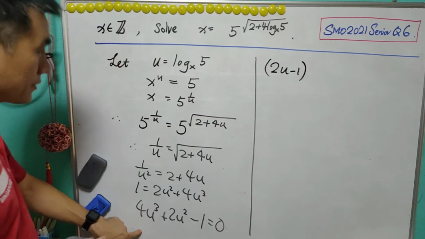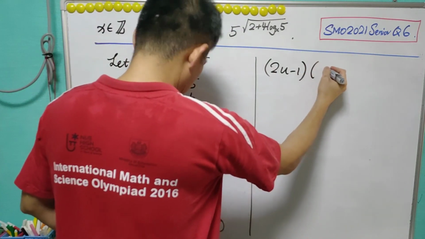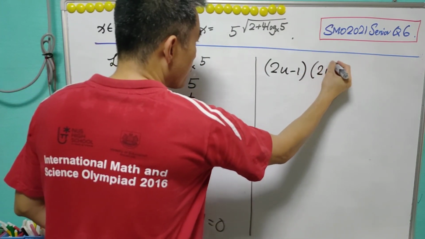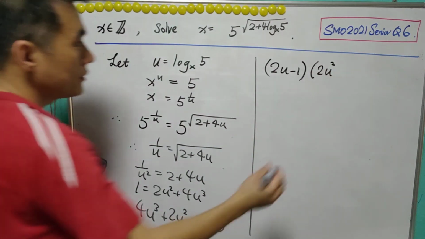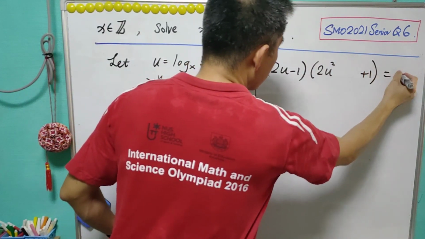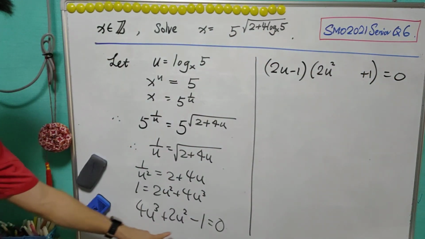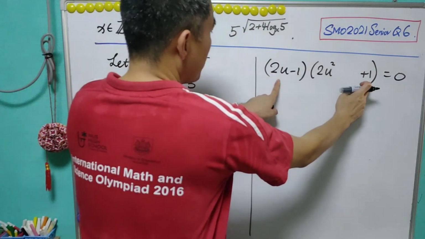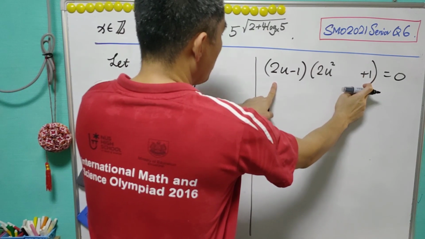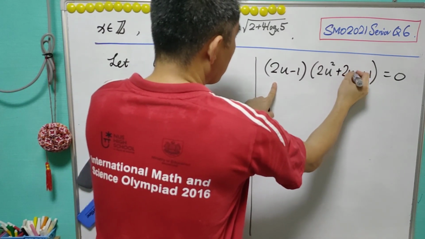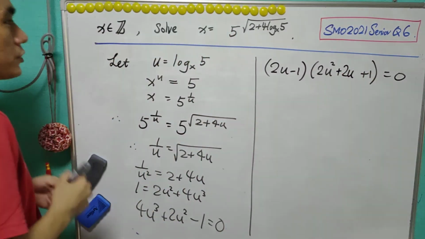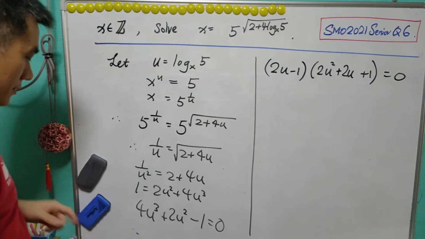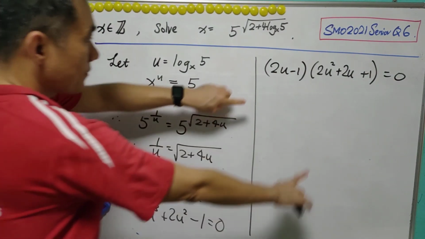so 2u minus 1 will be one of the factors, and the other factor will be 2u squared plus 2u plus 1, equals 0. Now there's no term in u, and the u can be obtained from here and here, that is 2u and another 2u. So we try to expand it and see whether we can get this or not.